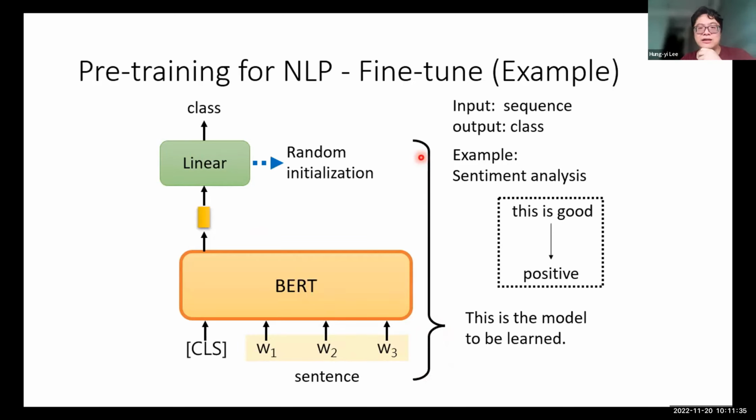The linear model has to be trained from scratch, but the pre-trained model is already pre-trained. We will use the parameters obtained from pre-training as the initialization of the model here. So you do not have to obtain the parameters from scratch.